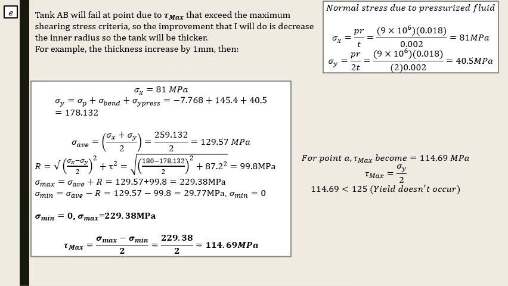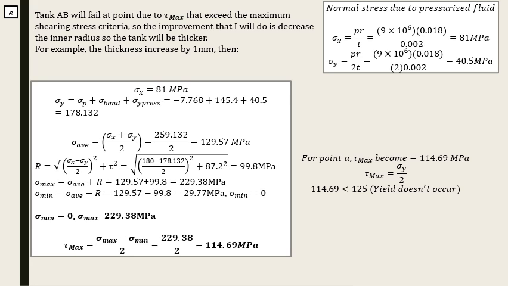So in part E, we are asked what my suggestion is if the beam fails. From the calculation that I got, I think it will fail at point A and exceed the shear stress criteria. The improvement that I will make is to decrease the inner radius so the thickness will be increased.